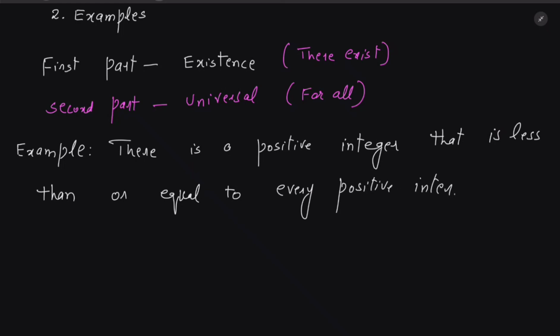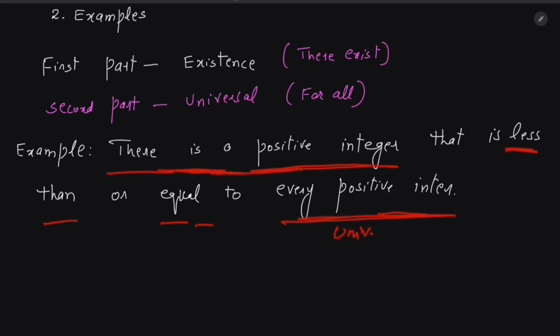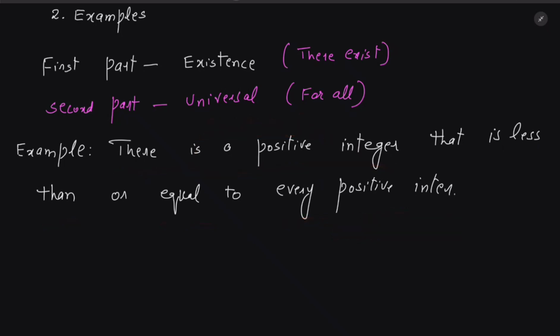So in this example, "there is a positive integer" is the existential statement, and "that positive integer is less than or equal to every positive integer" is universal. The first part is existential.